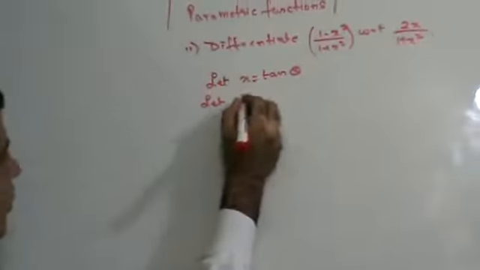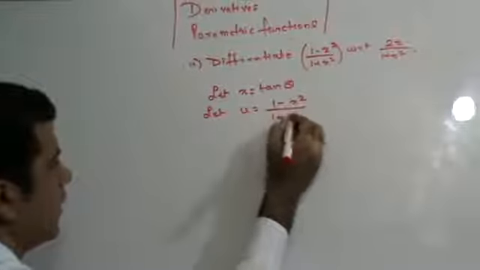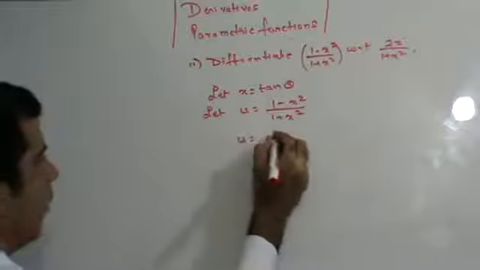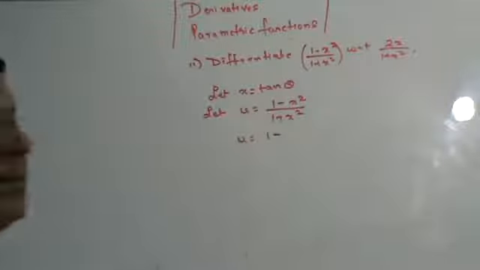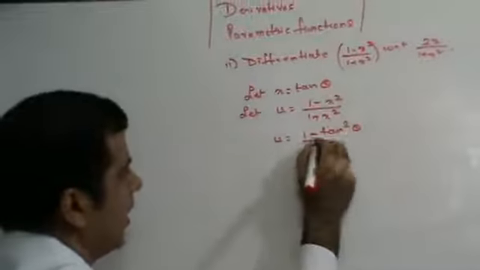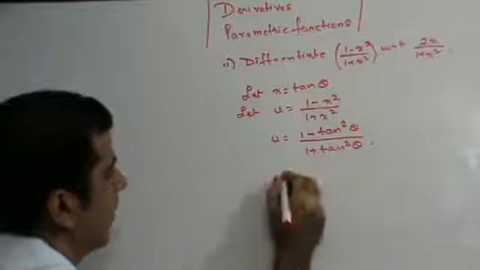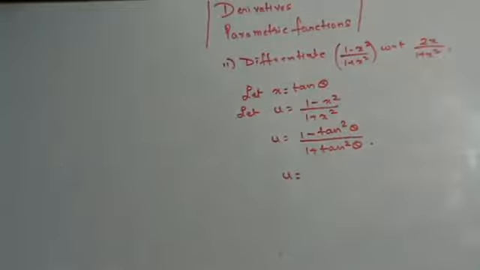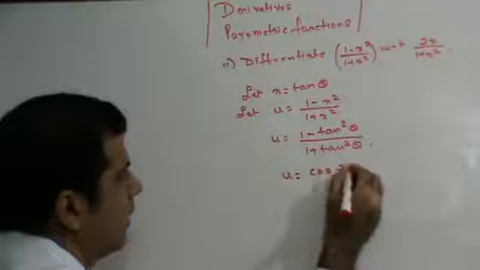Let u be equal to 1 minus x square upon 1 plus x square. I have assumed the value of x to be tan theta, so this becomes 1 minus tan square theta upon 1 plus tan square theta, which is nothing but cos 2 theta.